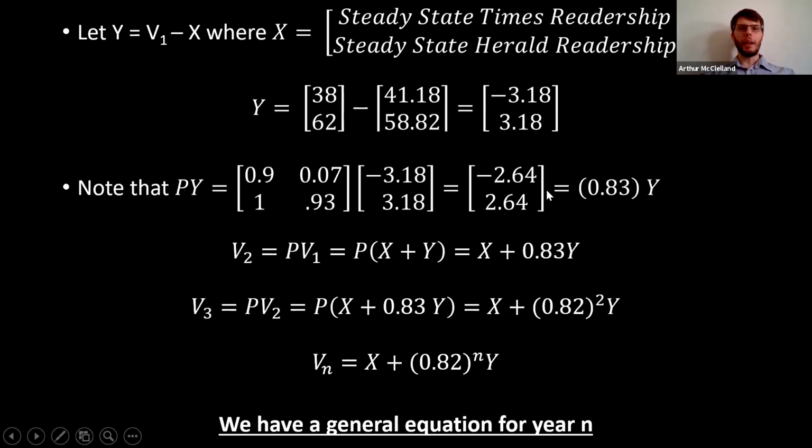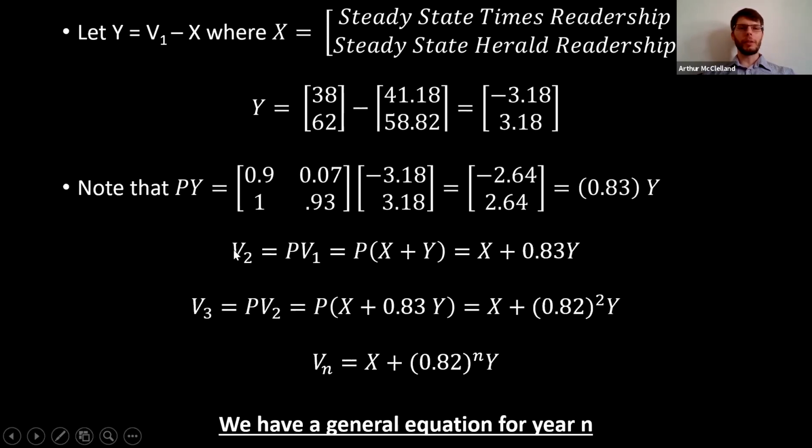And if we look at this carefully, we can realize that this is 0.83 times y. So now we have an equation that goes as Py equals scalar times y. And this form ends up being very important.